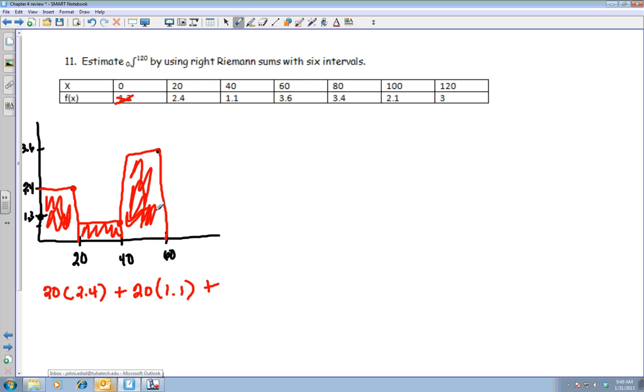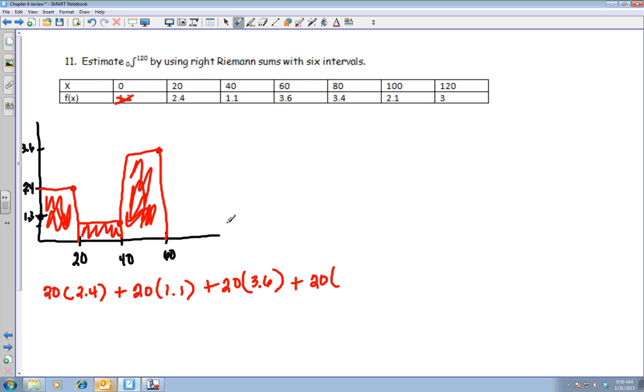Plus, here's my next rectangle from 40 to 60. My base is 20. So you see our base is going to be 20 for all of them because they're nice, even intervals. The height of this one is 3.6 plus. So do you see, without having to draw the rest of the rectangles, what my base is? So my next one from 60 to 80, my base is 20.